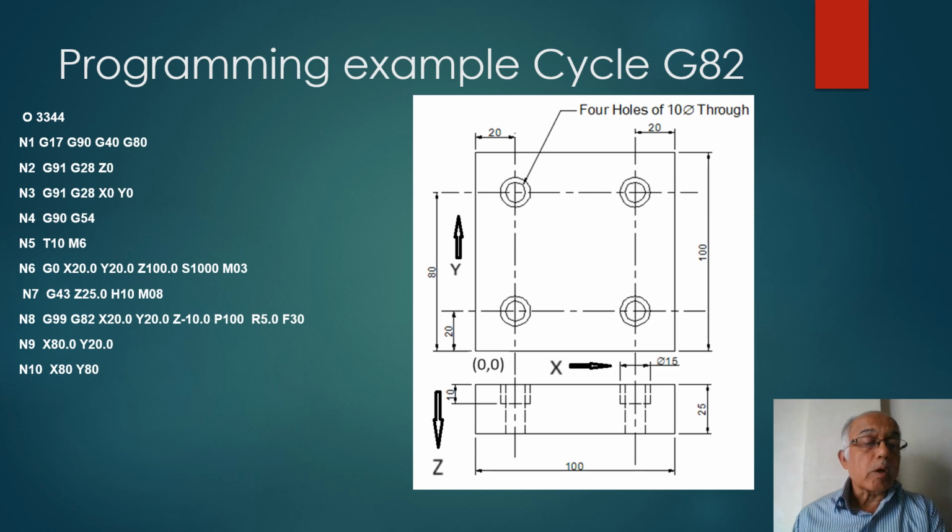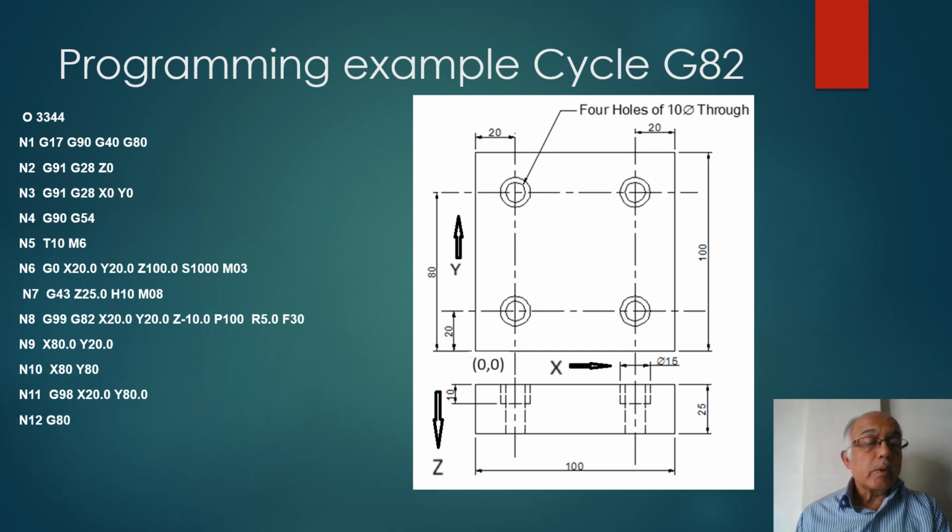So in block number 10, these are the center point coordinates of the third hole, and in block number 11, these are the center point coordinates of the fourth hole. After completion of drilling of the fourth hole, we send the tool to the initial level, not to the retract level. So G98 is the code for sending the tool or drill to the initial level, which is 25 mm in this program.